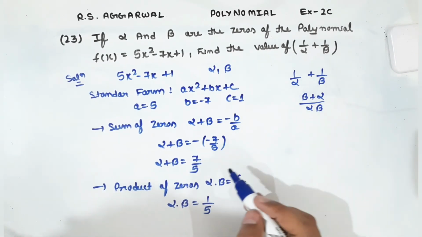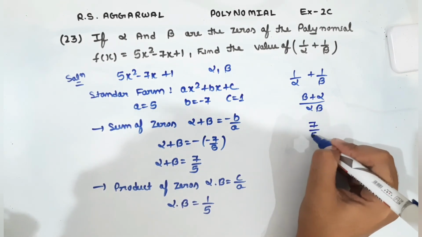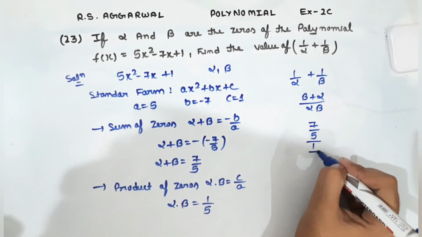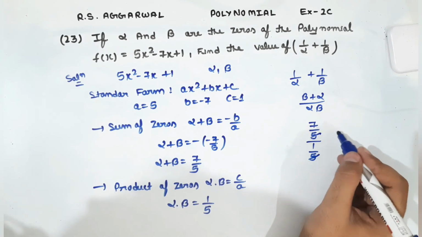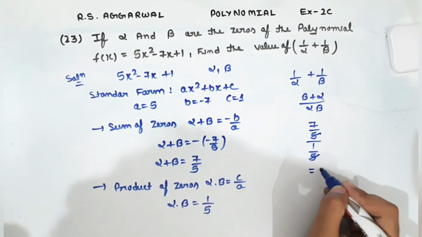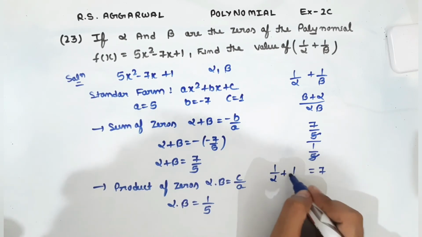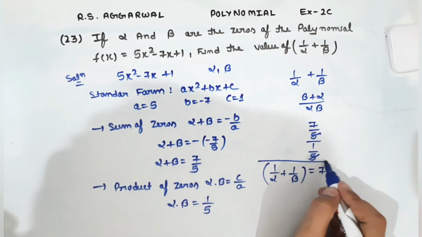So we have the value of alpha plus beta, that is 7 upon 5, and alpha into beta, that is 1 upon 5. 5 will be cancelled out from 5. So our answer will be 7. That will be equal to 1 upon alpha plus 1 upon beta. This is our answer.